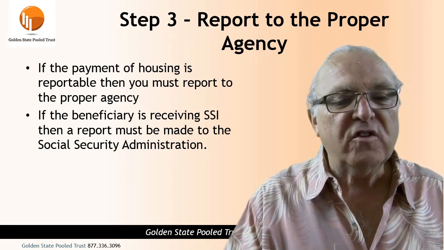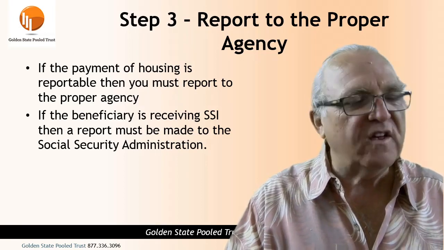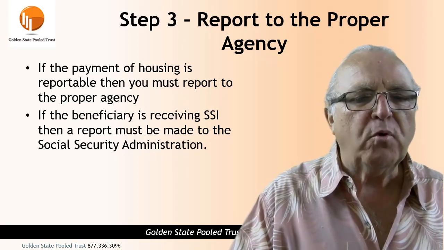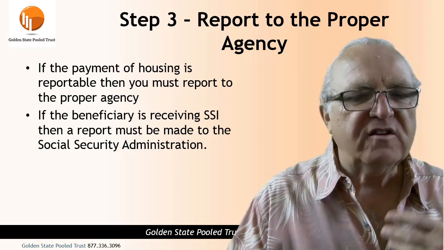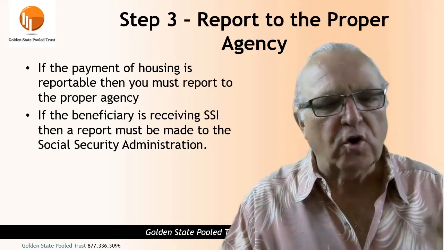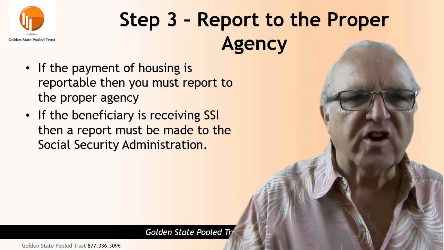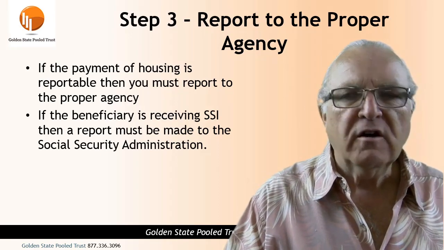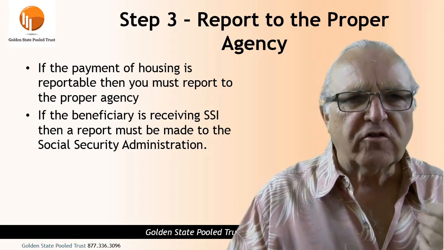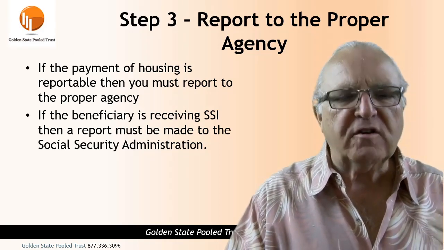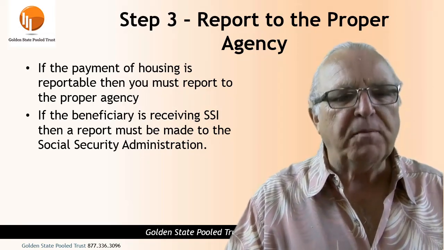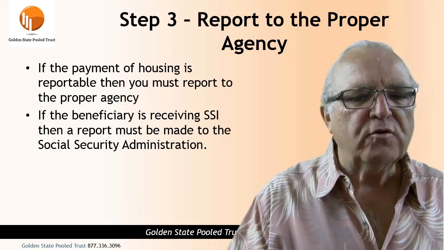Now, the way we do this is we send a written report to Social Security, and you need to notify them that, once again, in this case, the Golden State Pool Trust is paying your shelter here so that they can go ahead and make the reductions. And of course, Social Security can't act automatically, so it may take them a couple of months to catch up. You may get overpaid 1 month, have to pay it back. But once again, you do need to report it.